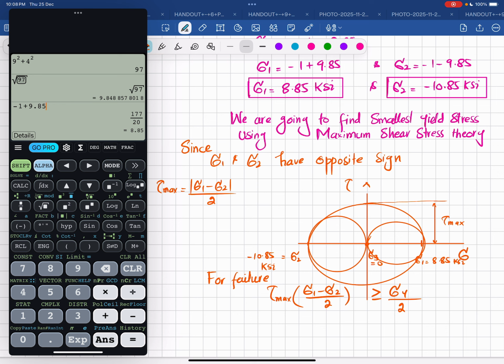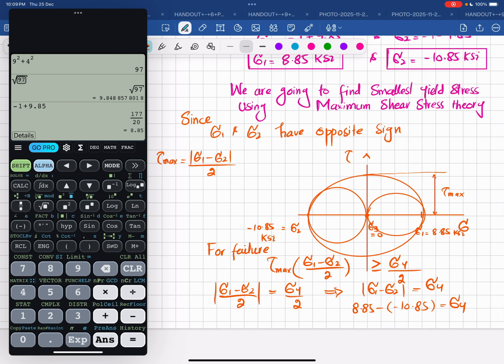So I can write (sigma 1 minus sigma 2) divided by 2 equal to sigma yield divided by 2. Or from here, sigma 1 minus sigma 2 equals sigma yield. So sigma 1 is 8.85 minus sigma 2, which is minus 10.85, that will give you sigma yield.